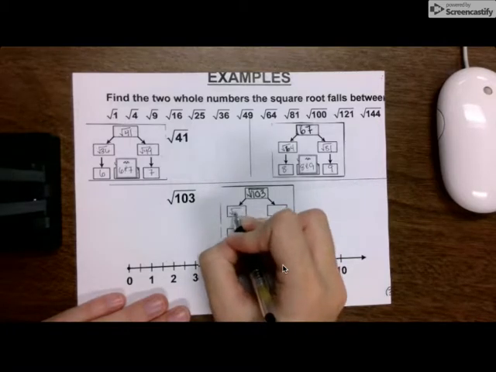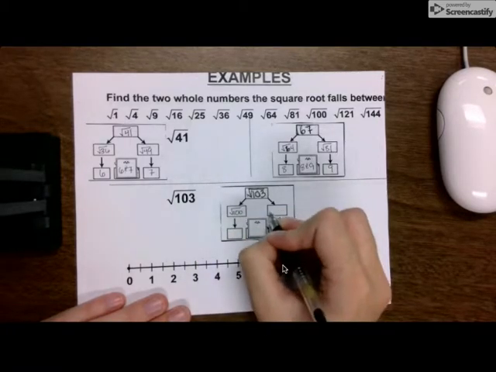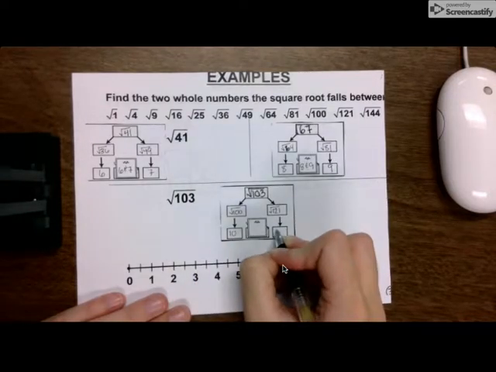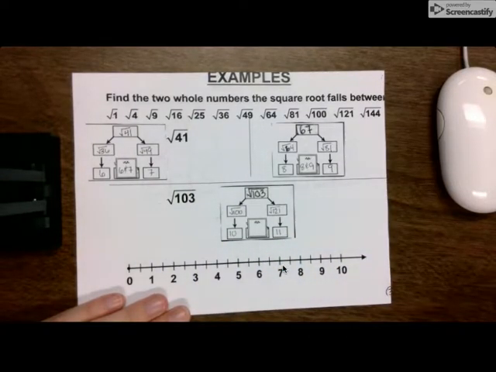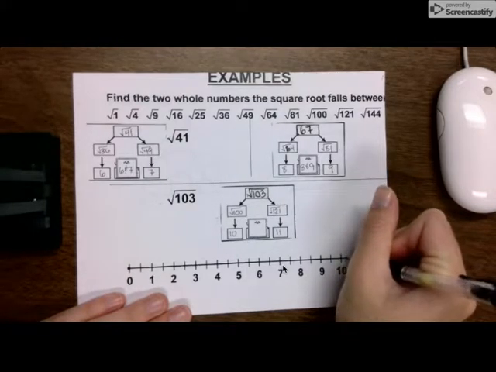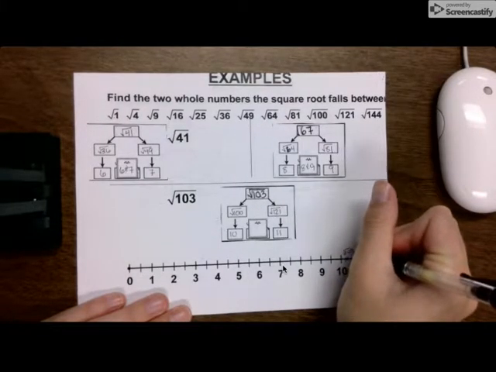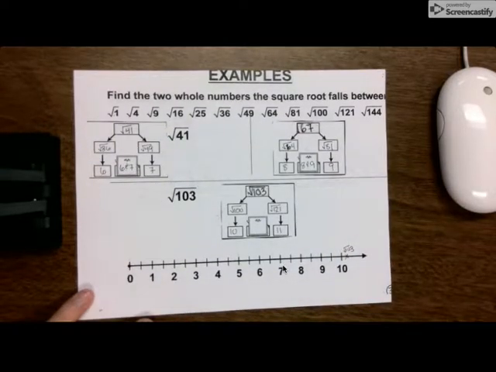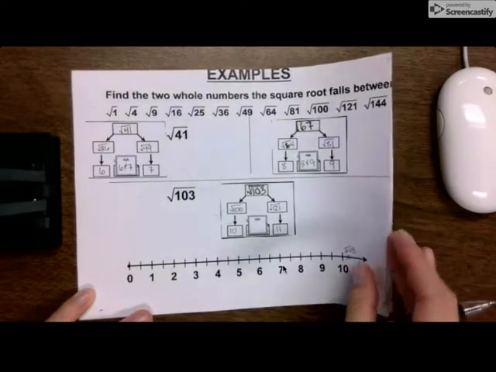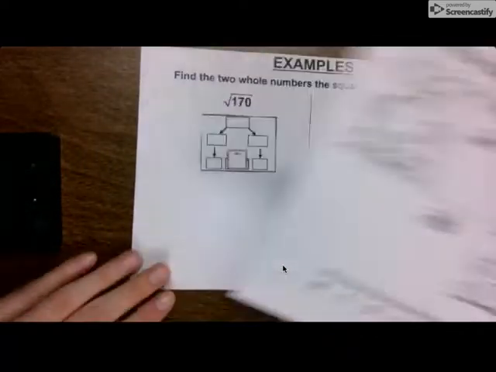All right, so you should have had 100 and 121. So it's between 10 and 11. So somewhere in here. Okay, now we're going to get a little bit more specific.